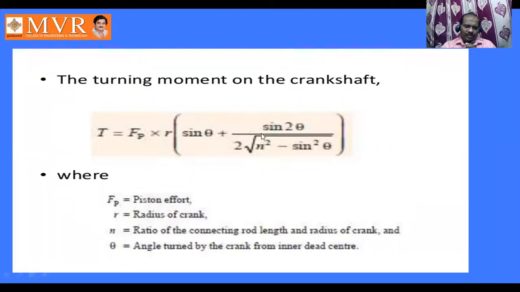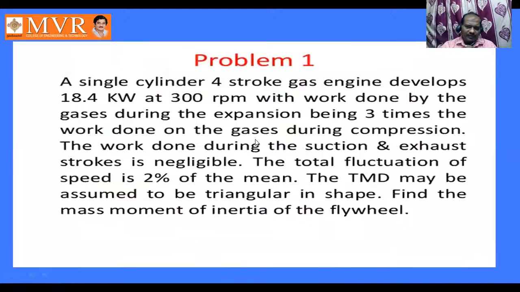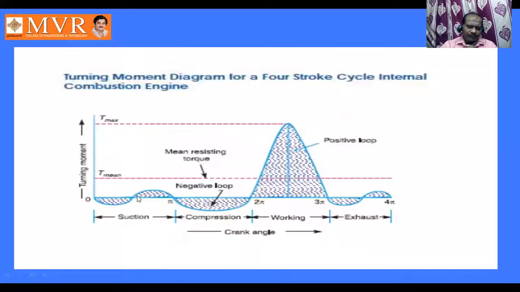If you substitute that value, taking Fp as 10 centimeters, R as 15 centimeters and the ratio as 1.1, we obtain a torque value of about 30. So torque is 30, and we are going to plot the 30 at the 45 degrees case. From 0 to 45 it will be on the lower side only.